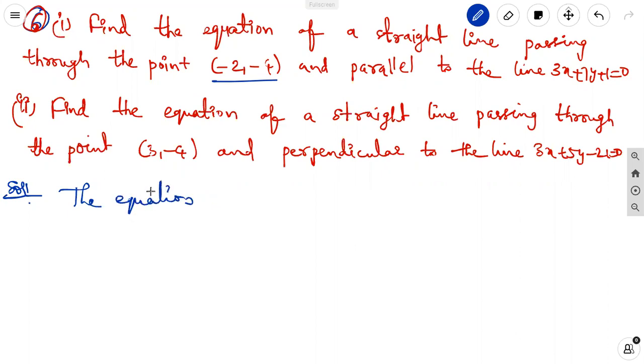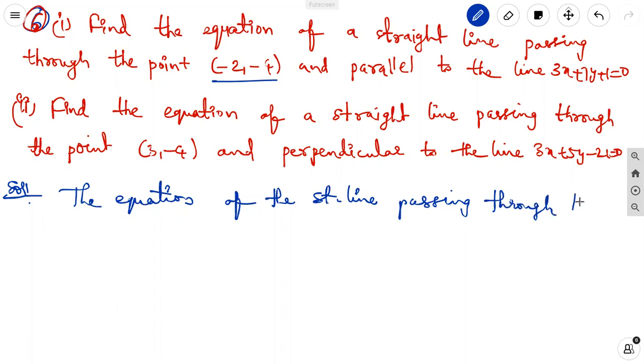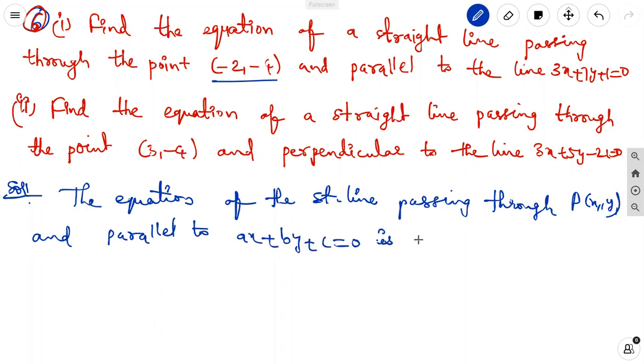The required equation of the straight line passing through point P (x1, y1) and parallel to ax plus by plus c equal to 0 is a into x minus x1 plus b into y minus y1 equal to 0.